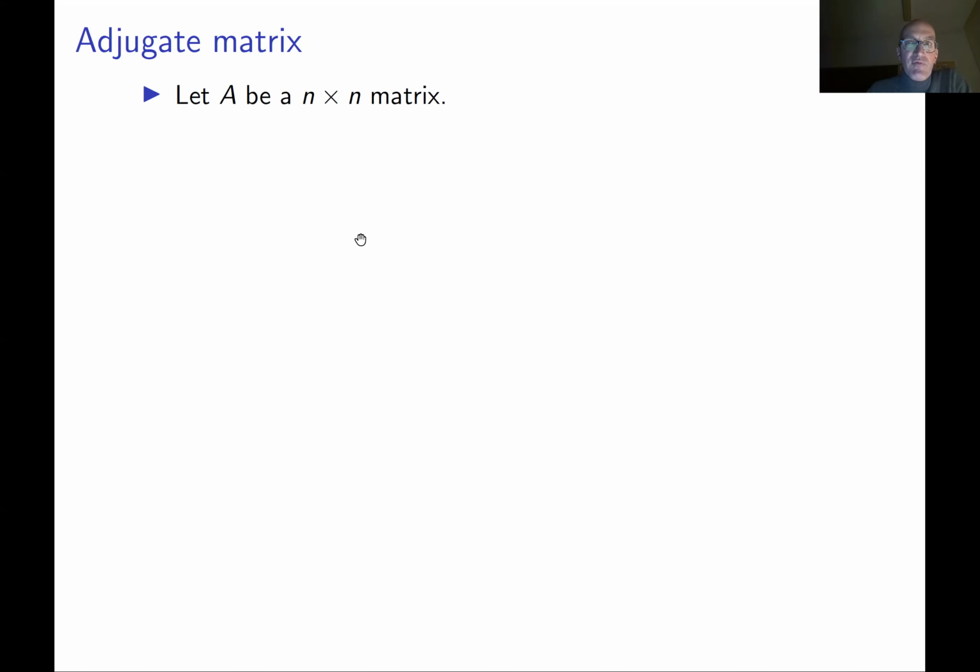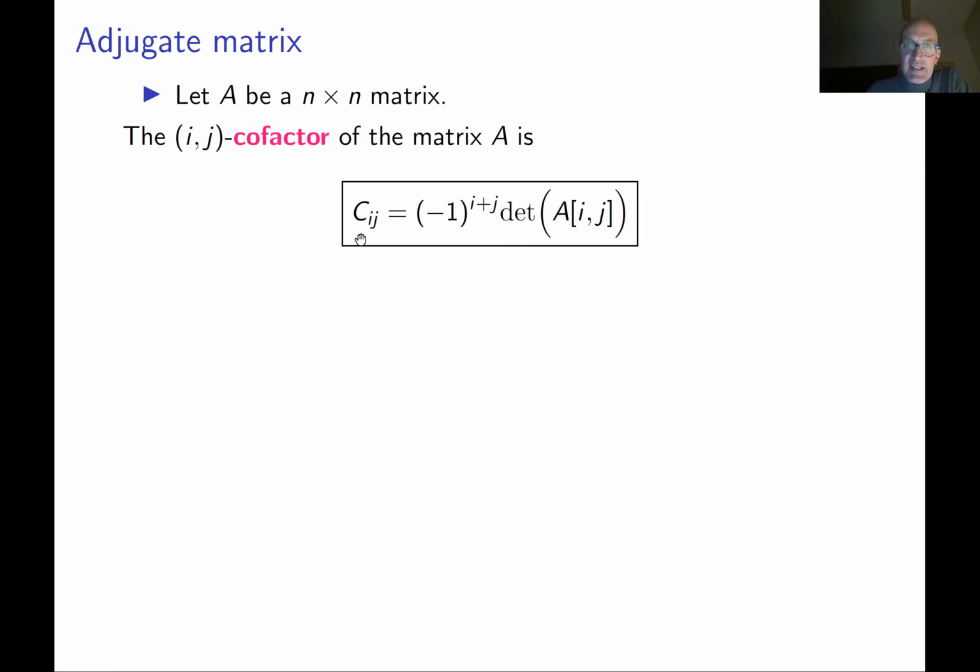Okay, first we have to define what the adjugate matrix is. We start with a square n times n matrix A, and then we define what is called the cofactor of the matrix A. You fix i and j, and the cofactor of the matrix A is the following number. First, you remove the i-th row and the j-th column.